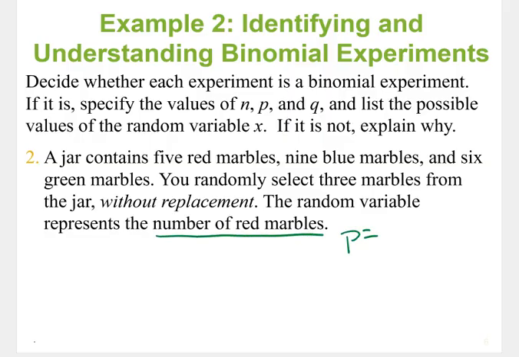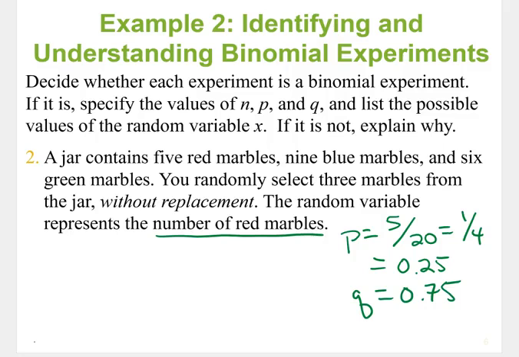How many marbles are there? There's 5 red marbles out of the total 20 marbles in the bag. So 1 out of 4, or 0.25. So this would be 0.25. So not getting a red marble would be 0.75, right? 1 minus a quarter would be 3/4.